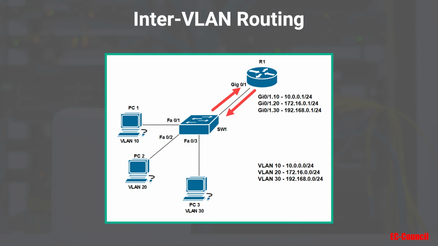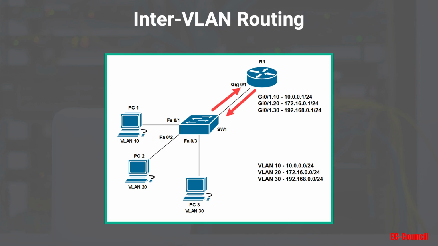PC1 will send its traffic to the switch. Once the traffic enters FastEthernet 0/1, the traffic will be tagged with VLAN 10. This traffic will then be sent up to the router via GigabitEthernet 0/1.10. The router will check its routing table to determine how to forward this traffic. The router will see that PC2 belongs to VLAN 20, and therefore the router will send the traffic back down GigabitEthernet 0/1.20.